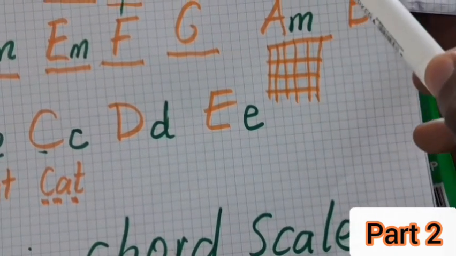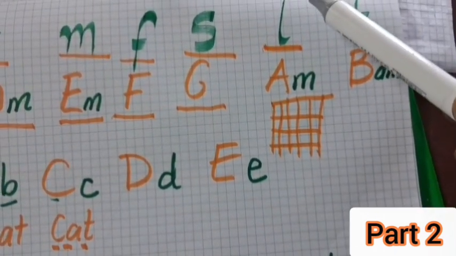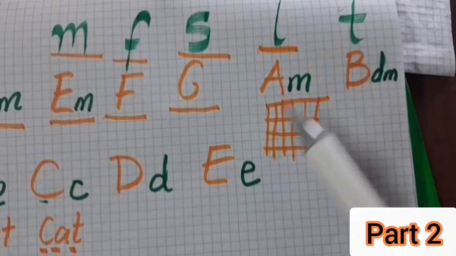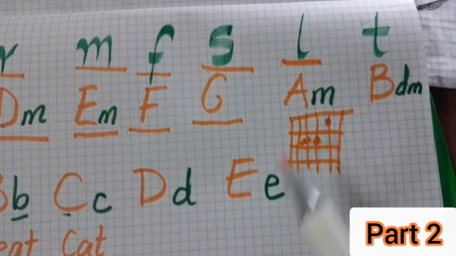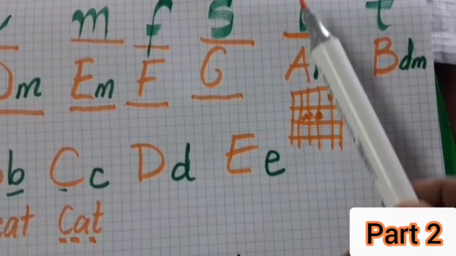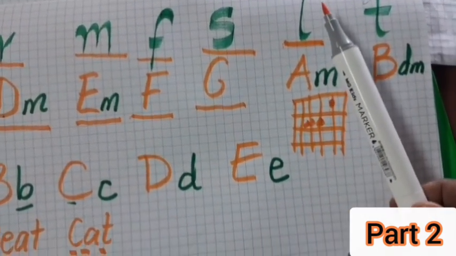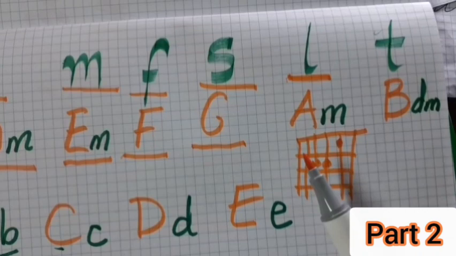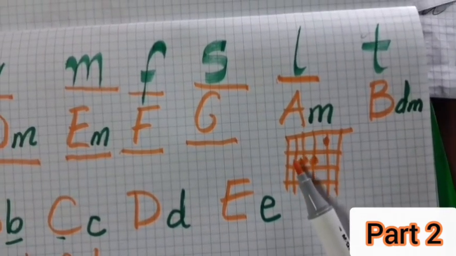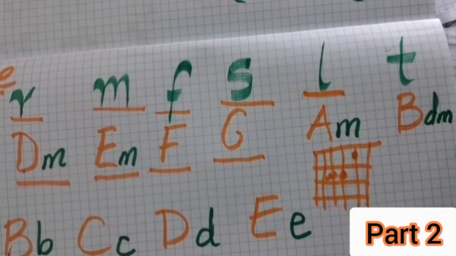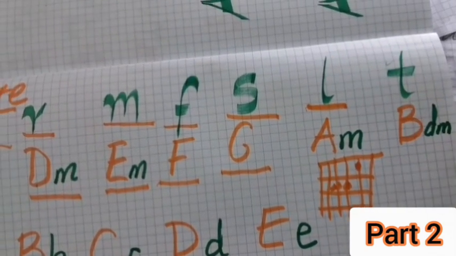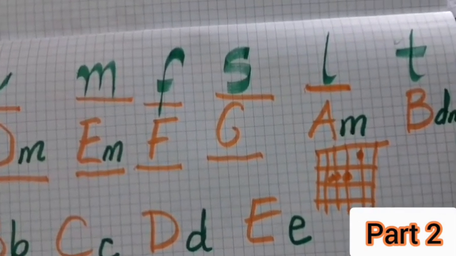Instead of just playing one la and going, your la now becomes this. So this is the equivalent of la in the key of C. So that's what we mean by when a chord is representing a note. A chord representing a note. That is the meaning.